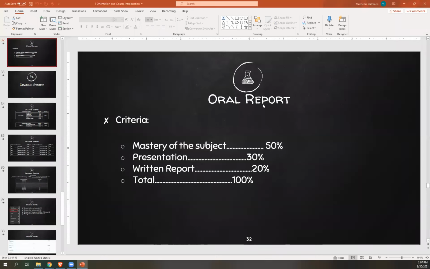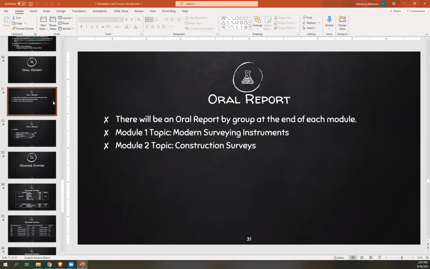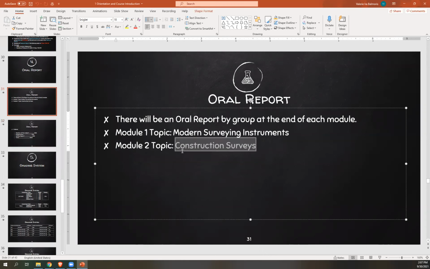Pero po, ang hatian ng topic ay group po. Yes. When you search for construction surveys, you'll see that there are a lot of types or topics under this. It's up to you as a group to divide it among your members.